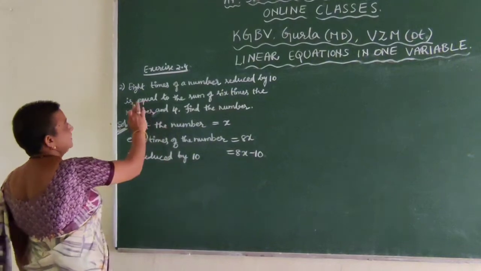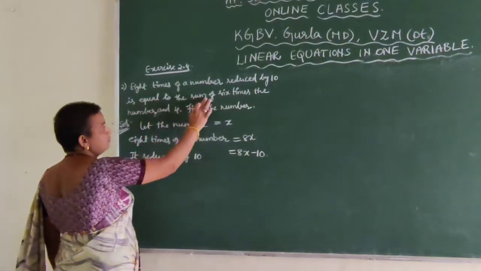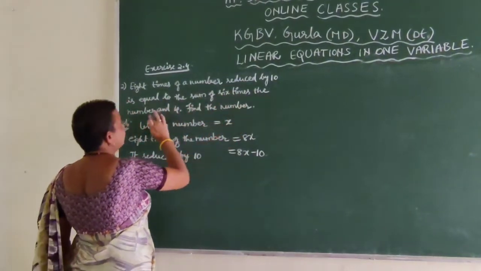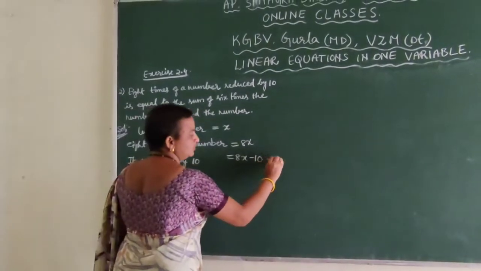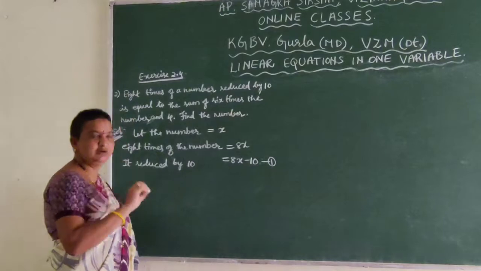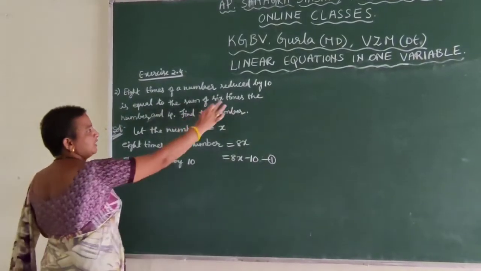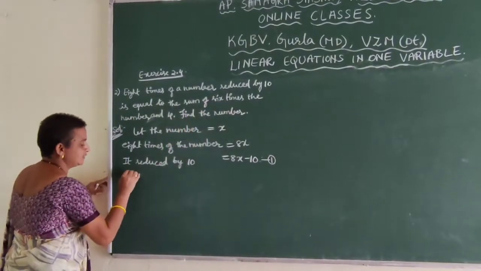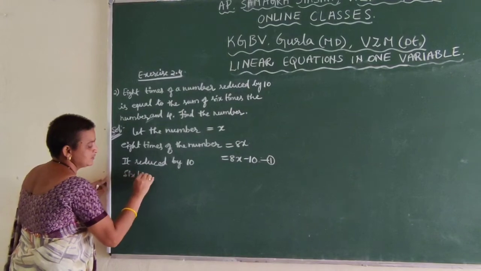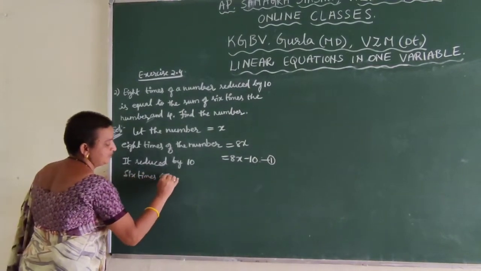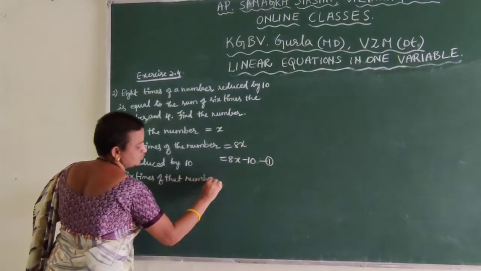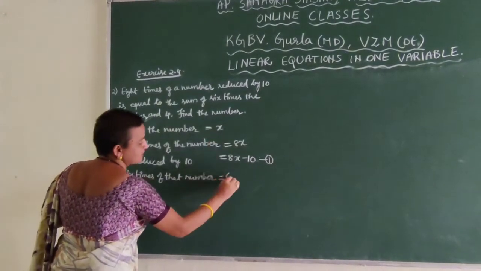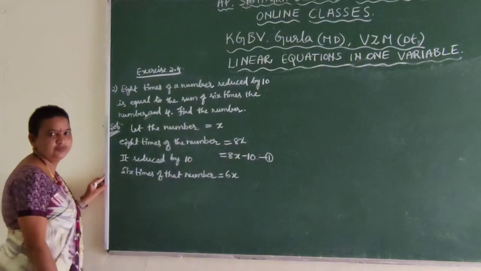Okay. Next, it is equal to the sum of 6 times the number and 4. Okay. Now you have to take this one as equation number 1. Now you have to write the 6 times of the number. 6 times of the number is equals to 6 into x, 6x. Okay.